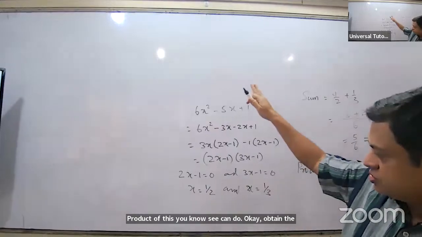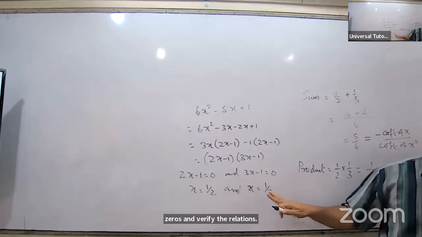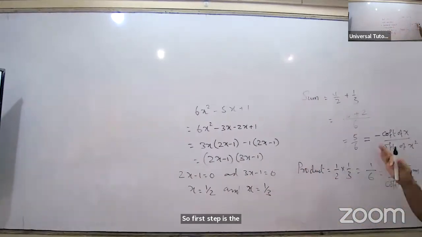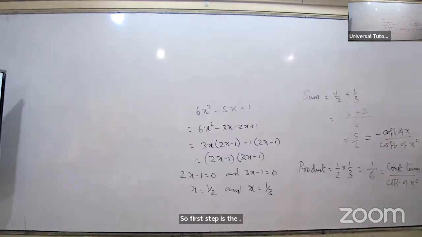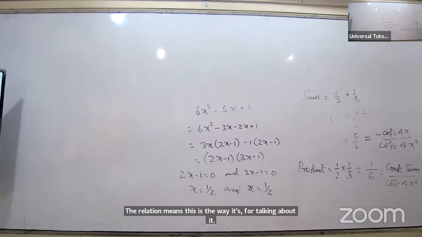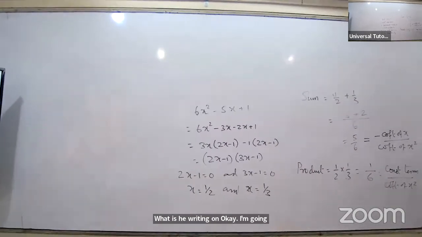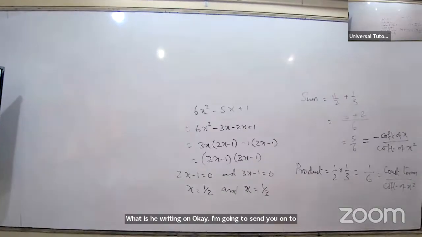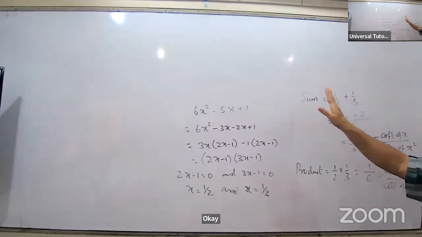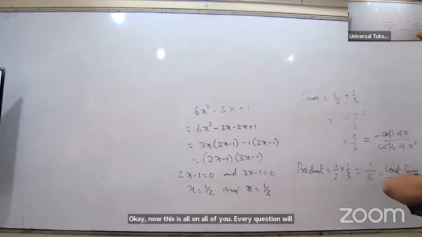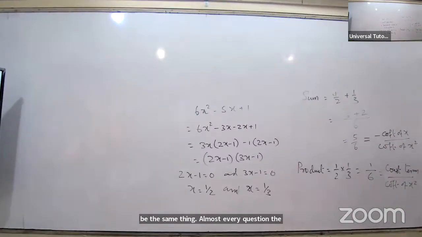The first step is to obtain the zeros by factorization. Verify the relation means checking the sum and product. Hope you got it. You're writing everything; I told you not to write, just listen. Almost every question is the same way. This is the basic first part.